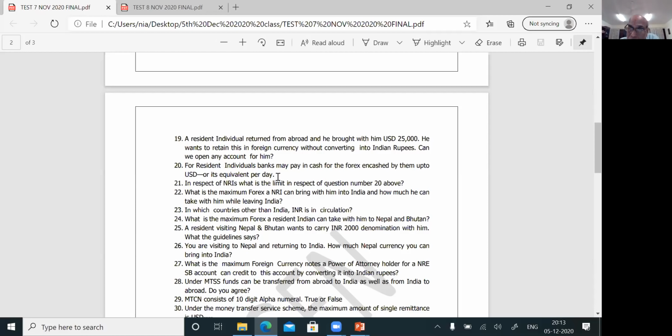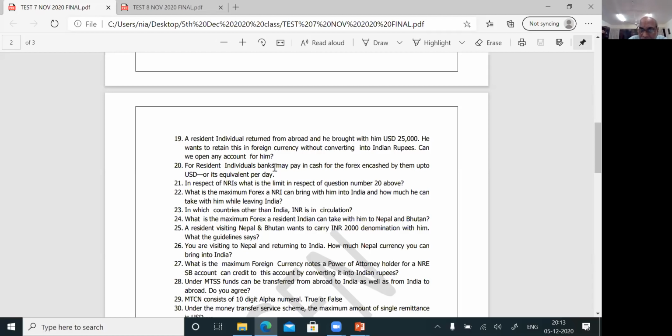Is there a maximum? Yes. For a resident individual, the authorized dealer can accept the forex and, instead of crediting his domestic account, give cash for a maximum of US dollar 1,000 per day.